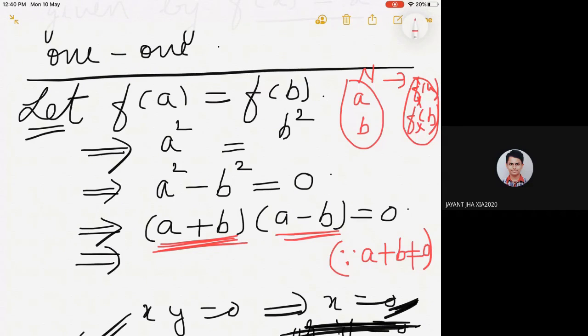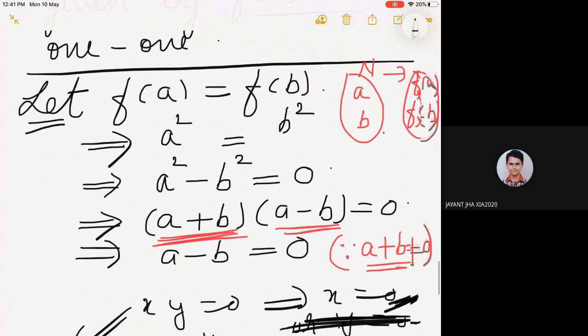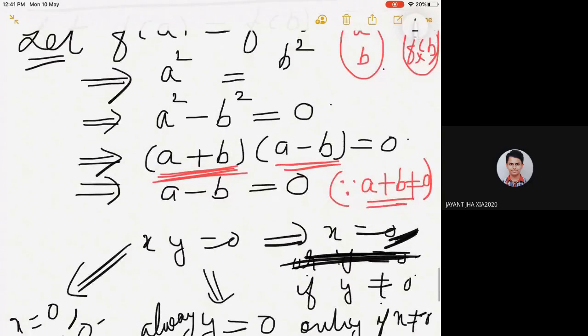Because of this strong concept, you can say that the other factor will always be 0. Which is the other factor? This a minus b is always equal to 0 since a plus b is not equal to 0. So when a minus b equal to 0, you can write that a equal to b.